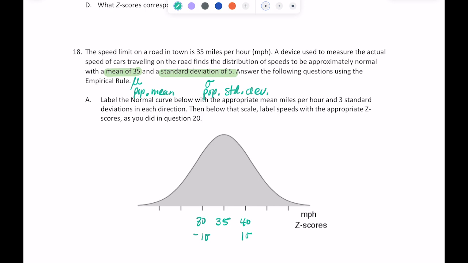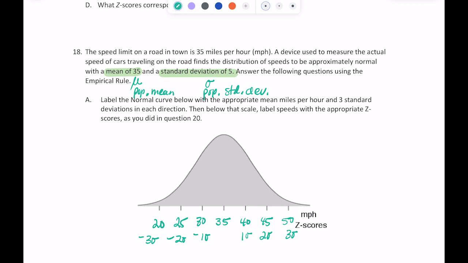Okay, I'm going to go back to the mean. 35 plus 5 gives us 40. 40 plus 5 is 45. 45 plus 5 is 50. So this is 2 standard deviations, 3 standard deviations. And if I go backwards, I'm just going to subtract 5 each time. So we know that this 25 miles per hour is 2 standard deviations below, and 20 miles per hour is 3 standard deviations below.